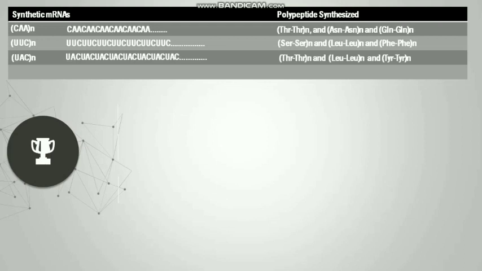Okay, and the last synthetic messenger RNA given is (UUAC)n. So there are 4 nucleotides repeated n times, U, U, A and C. It will look like this, UUAC, UUAC, UUAC, etc. And it is given that a heteropolypeptide is formed where leucine, threonine and tyrosine are repeated n times.